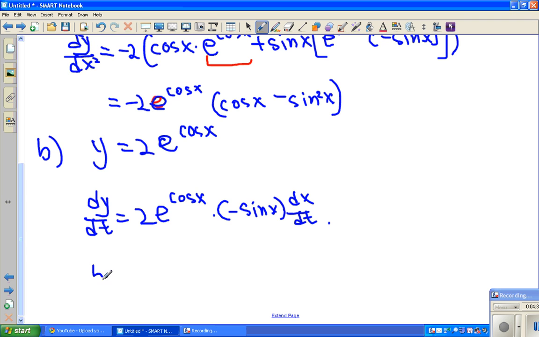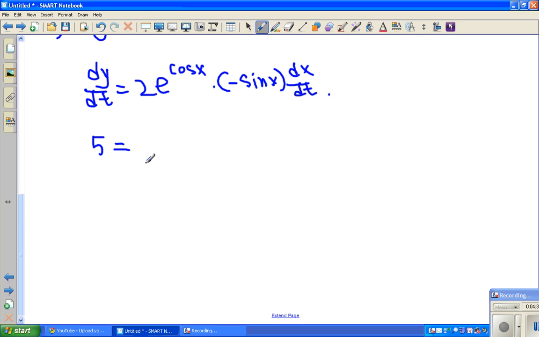So dy over dt would have been equal to 5, if you noticed. Now we have 2 times e to the cosine of pi over 2. Notice cosine of pi over 2 is equal to 0. Now times negative sine of pi over 2. We also realize what that value would have been, and then dx over dt.